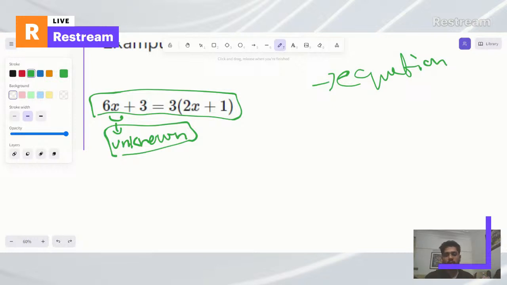So we say 6x plus 3 is equal to, now multiplying 3 with this whole bracket. So it's going to be 3 times 2.